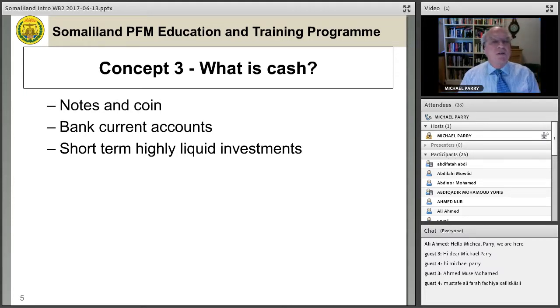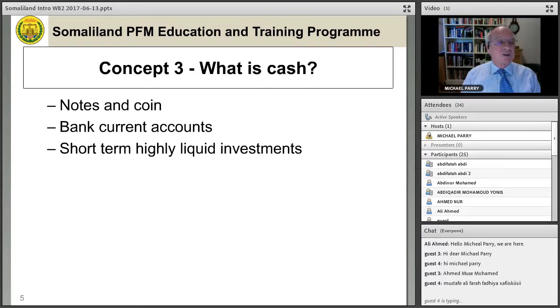The third concept is cash. What is cash? The definition used in accounting is broader than the everyday definition. This definition is taken from the International Public Sector Accounting Standards, and it is the one we will use consistently through this course.